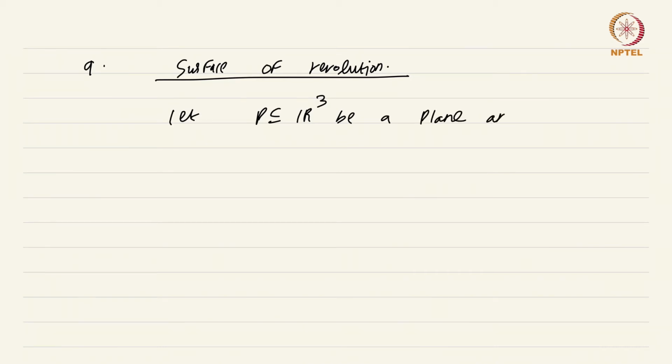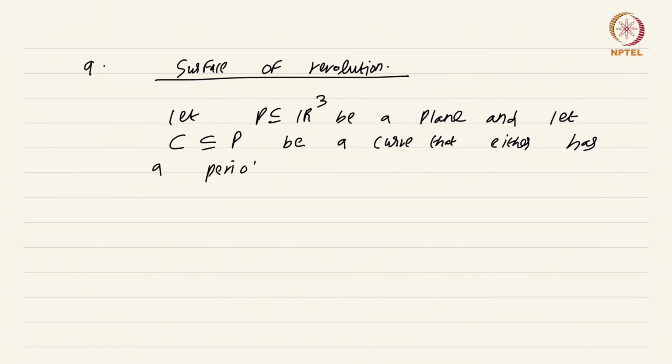I'm going to just consider surfaces of revolution in R3 for simplicity's sake, and let C subset of P be a curve that either has a periodic parameterization or a global parameterization gamma.